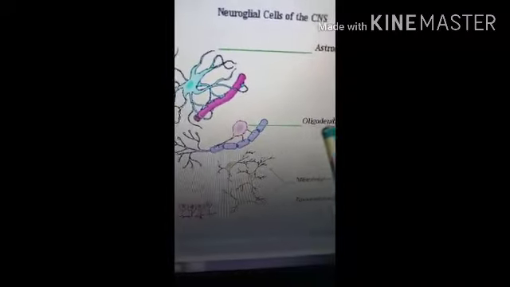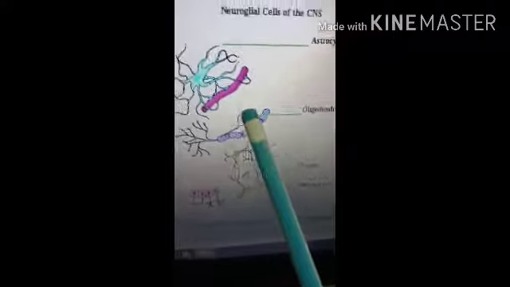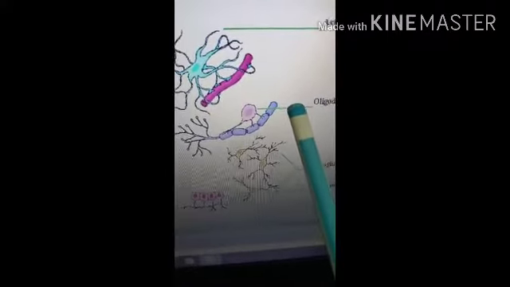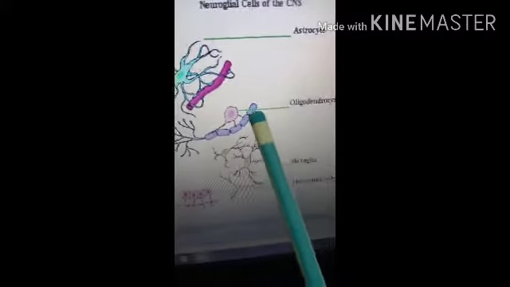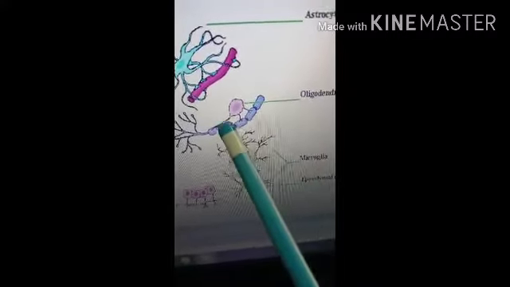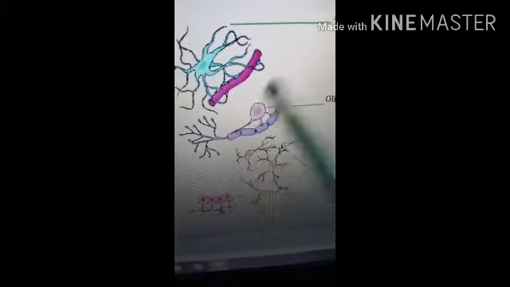Okay, after that let's see the oligodendrocytes. So here you can see the oligodendrocytes, this one. Oligodendrocytes are smaller than the astrocytes and have smaller foot processes. So here you can see they also have foot processes, but compared to the astrocytes the size is very small.